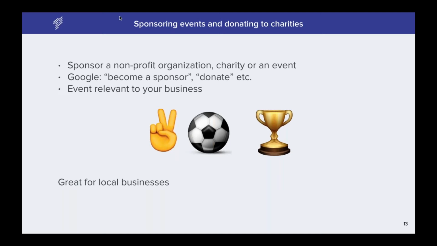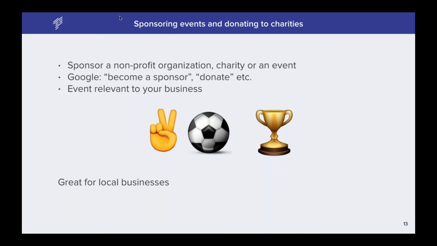It can get you promoted, and you can just donate to any charity and it will still be great, which is like a double win for you. But try to donate or sponsor an event that is related to your business, so that you can target potential customers with it.